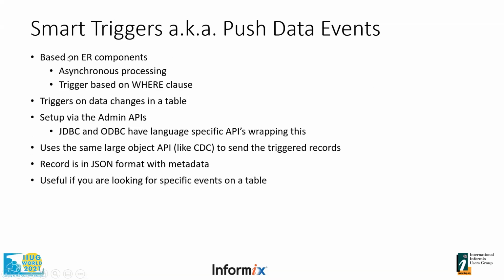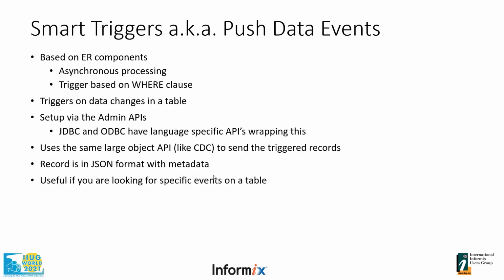What smart trigger does is that it can be invoked from the clients, and if there are any changes in the table, you can get a notification to the clients, instead of polling the server all the time.